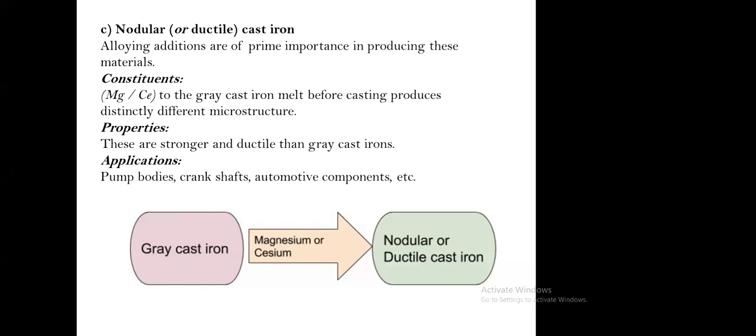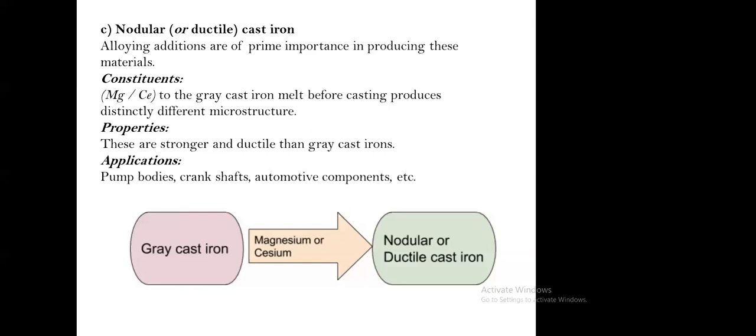Here we add alloying elements, which are of prime importance in producing the material. So what are the alloys? A small addition of magnesium, cerium to the gray cast iron melt before casting produces a distinctly different microstructure.